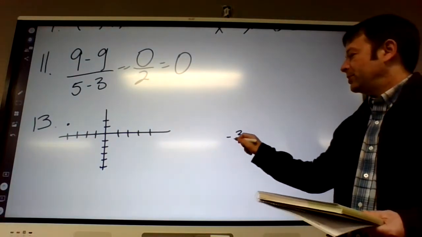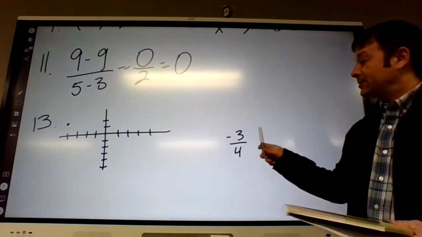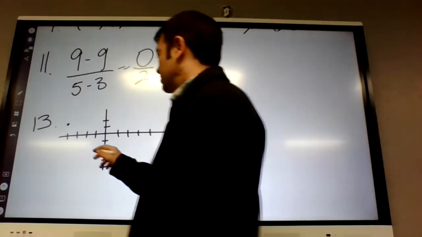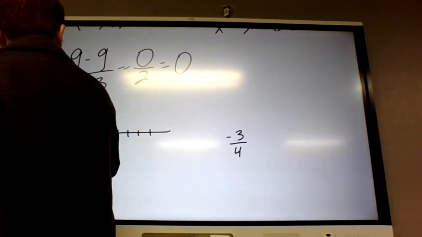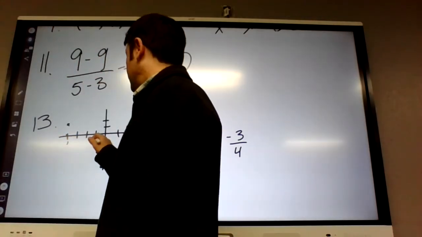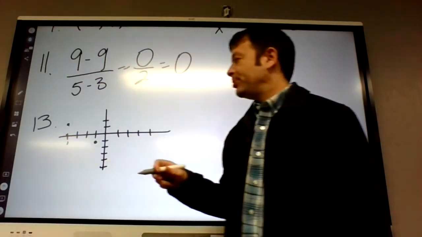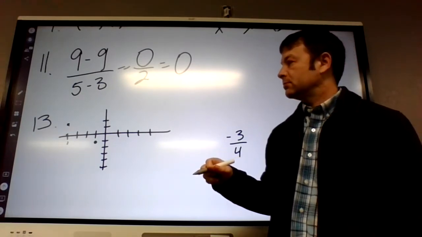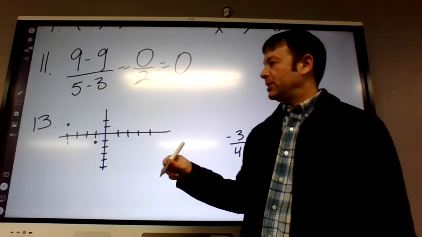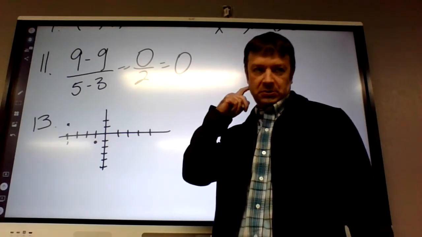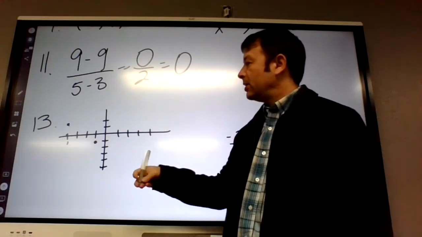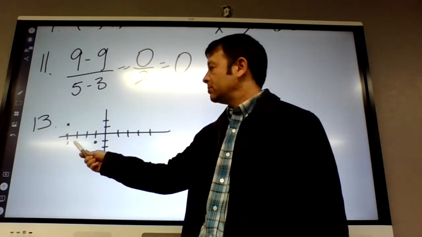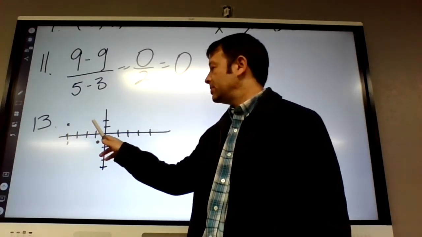Only one of them is negative. You can't make them both negative. So it's rise negative 3, run 4. Rise negative 3, so 1, 2, 3, run 4. So the next point would be at negative 1, negative 1. Wouldn't it be negative 1, 0? Because you run 4. 1, 2, 3. Oh yeah, you're right. It's 0, negative 1 now.